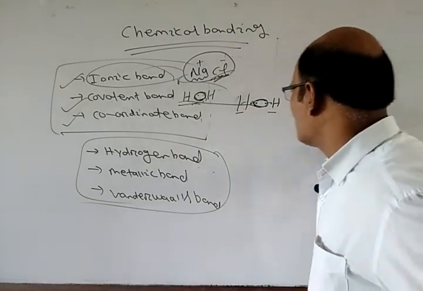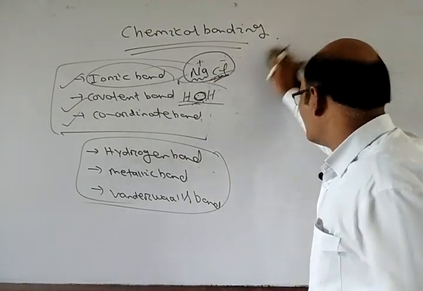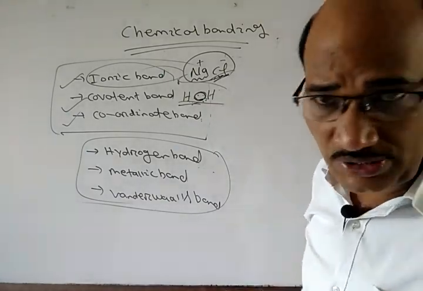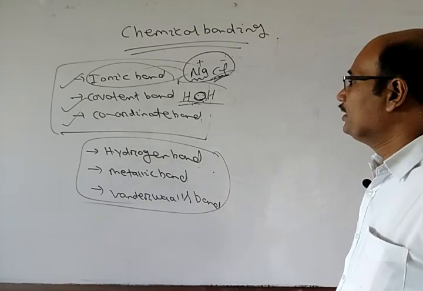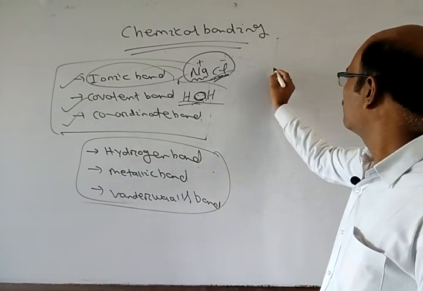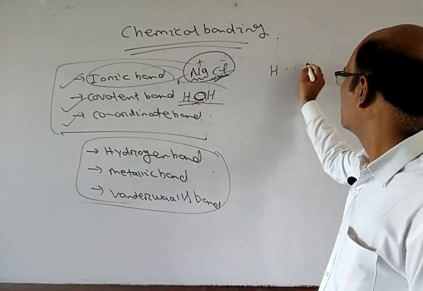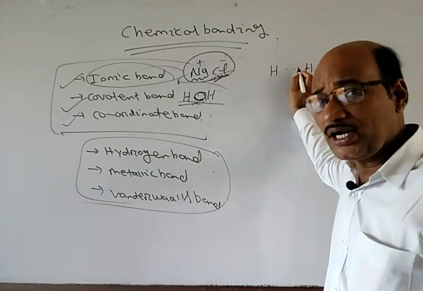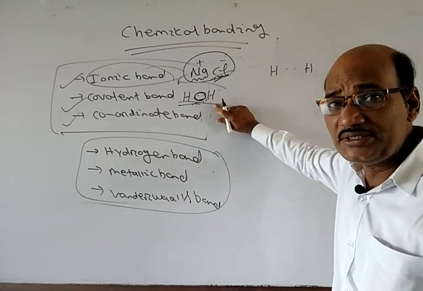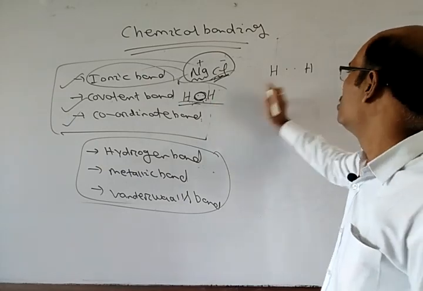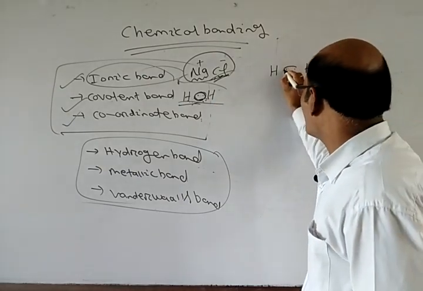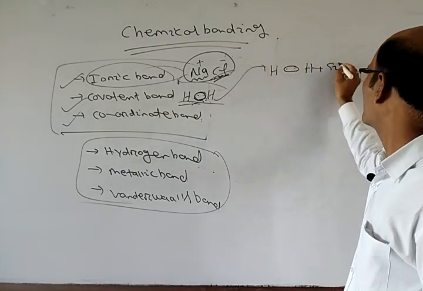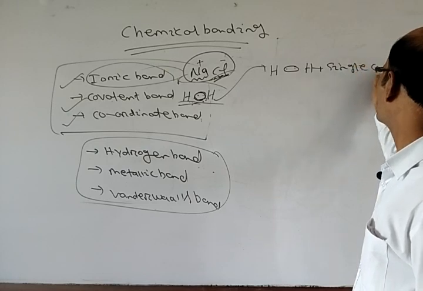So the chemical bond which is formed by the mutual sharing of electrons between the participating atoms is known as the covalent bond. This covalent bond can be between two similar atoms, and also between two dissimilar atoms. If only one electron pair is shared, this is called a single covalent bond.